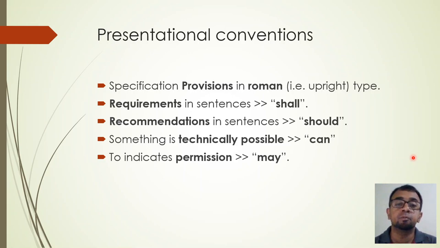A technical possibility is shown by the auxiliary verb can. That is, for example, if it says that the model can be used by the quantity surveyor for cost planning, then it means that it is technically possible.